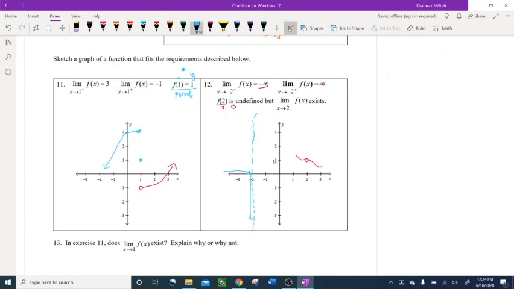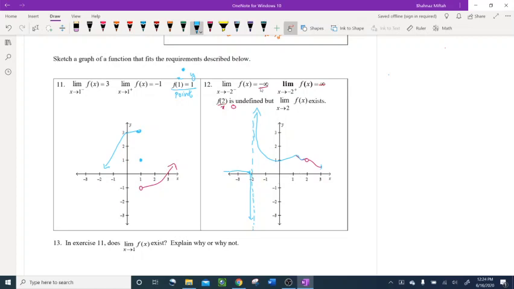Okay. x approaches -2 from the right is approaching positive infinity. So if I'm approaching here, I'm supposed to go in this direction. So why don't we just extend this and it will look like a nice thing. You see that? I'm just making it up. I don't know what kind of graph that is. So if I approach -2 from the right side, it's going to positive infinity.